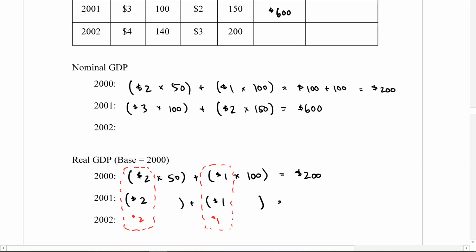Okay, so let's continue calculating 2001 real GDP. In 2001 we bought 100 ice creams for $2 each at the base year prices, and 150 pretzels. Okay, so we have 200 plus 150 for 350.